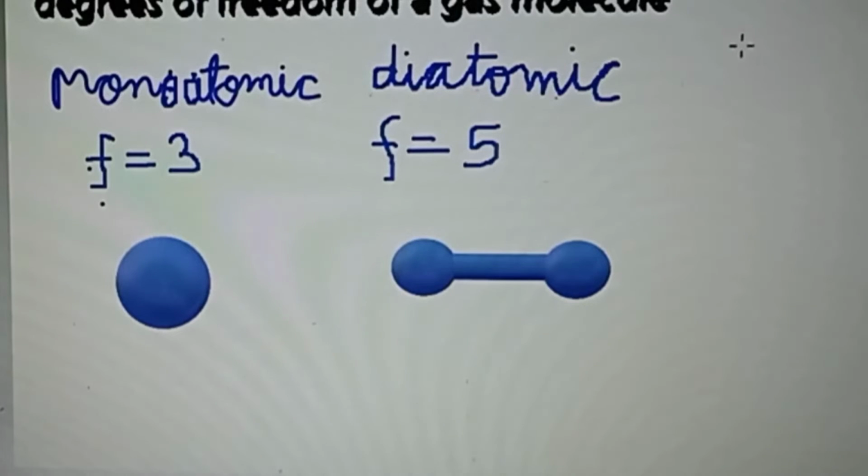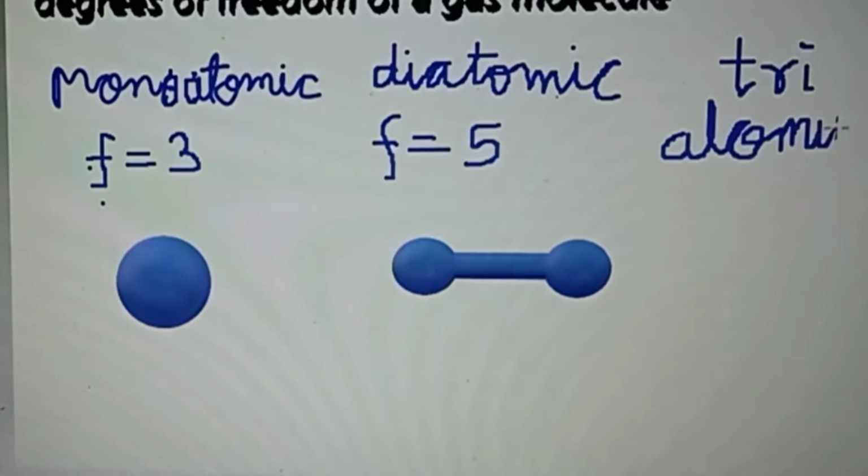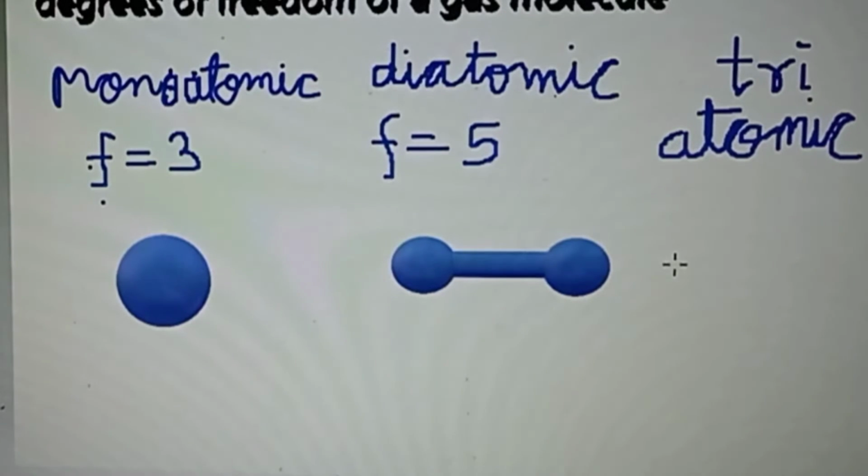Now triatomic, or polyatomic. In triatomic, actually a linear molecule is possible, but mostly we consider a non-linear molecule. So what I am going to demonstrate is a non-linear, planar molecule.